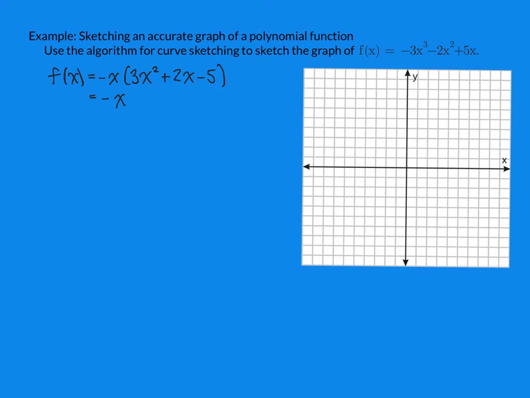And it does also turn out that this is factorable. We get 3x plus 5 and x minus 1. So we now know a few things. We know that it goes through 0. So if we want to find intercepts, we set it equal to 0. So x is 0, negative 5/3, and 1.